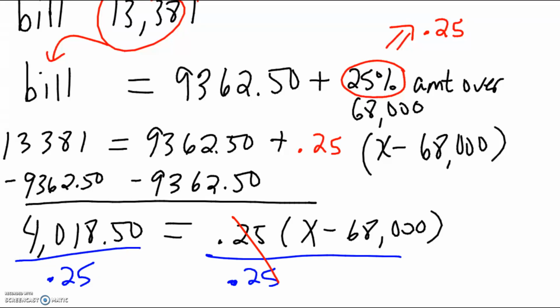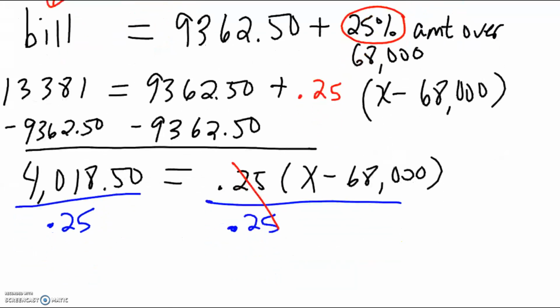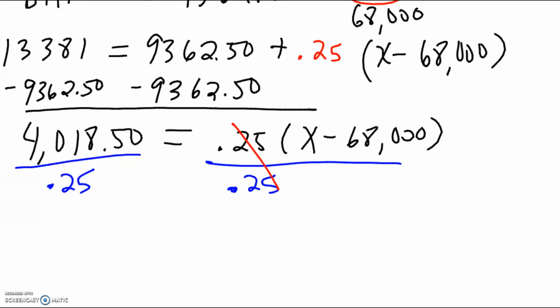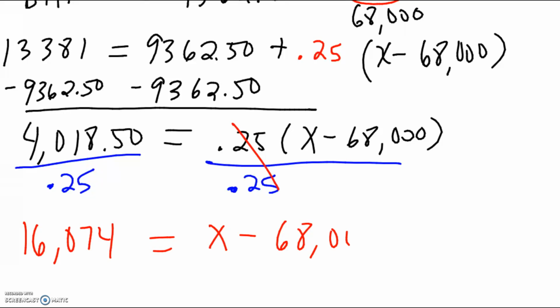It will cancel here, and then we will be left with 16,074. So 16,074 equals x minus 68,000.